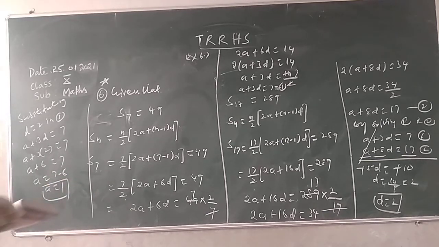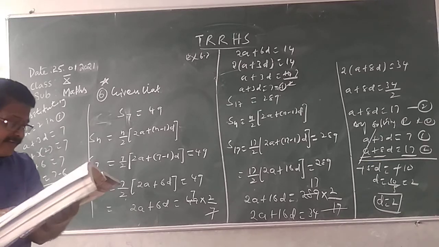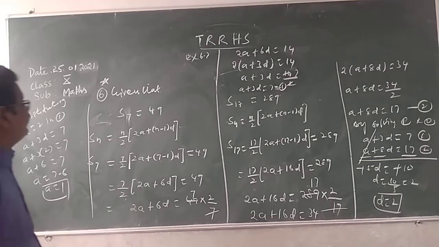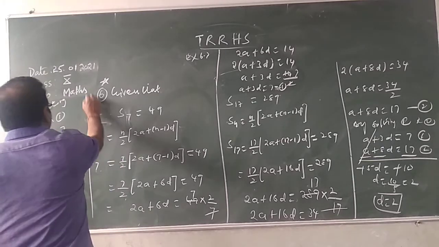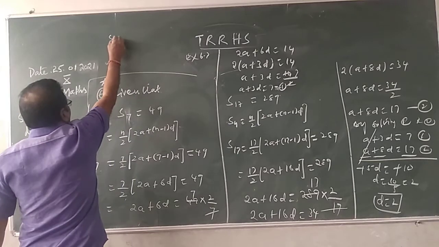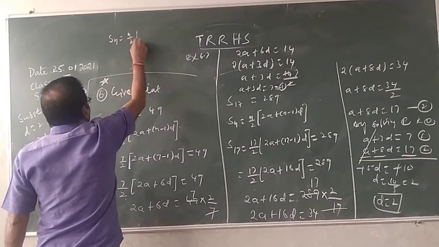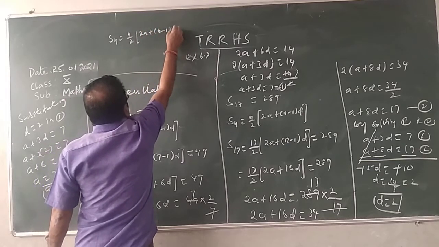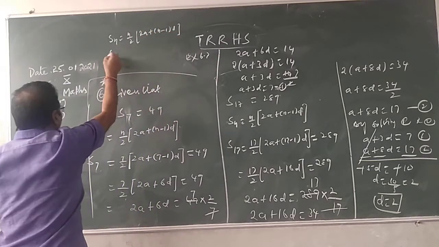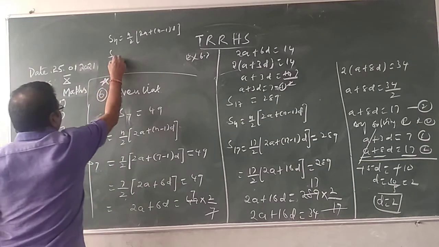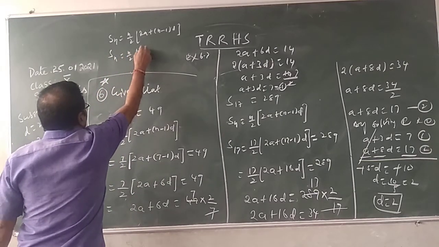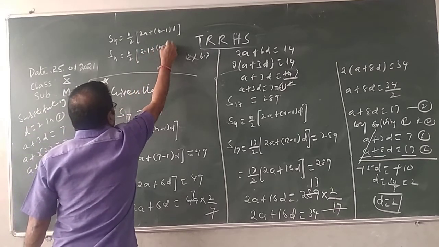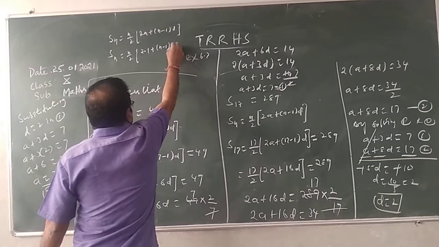So what is to be determined here? Find the sum of the first n terms. Sn is equal to n by 2 into 2a plus n minus 1 into d. A value is 1, d value is 2.